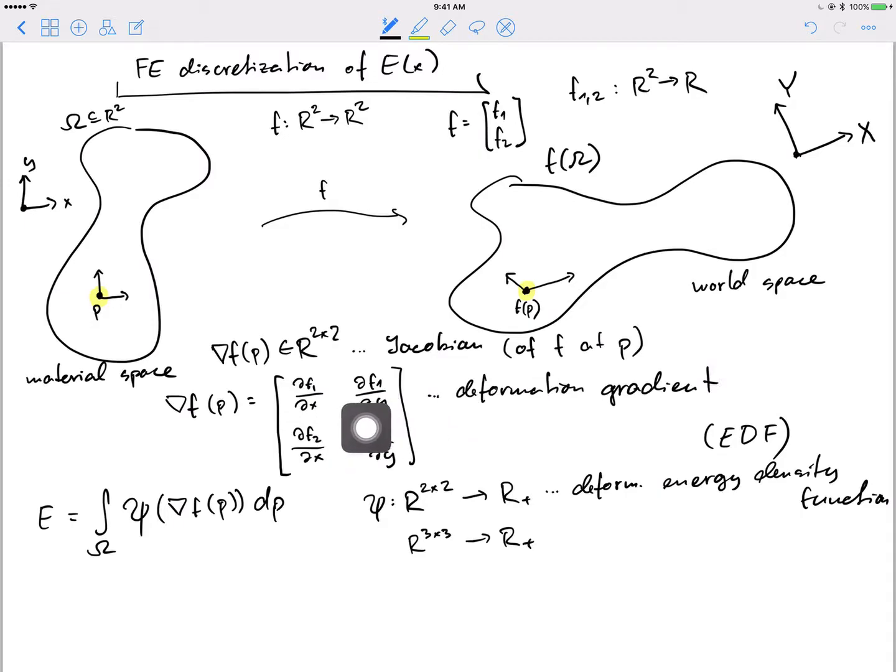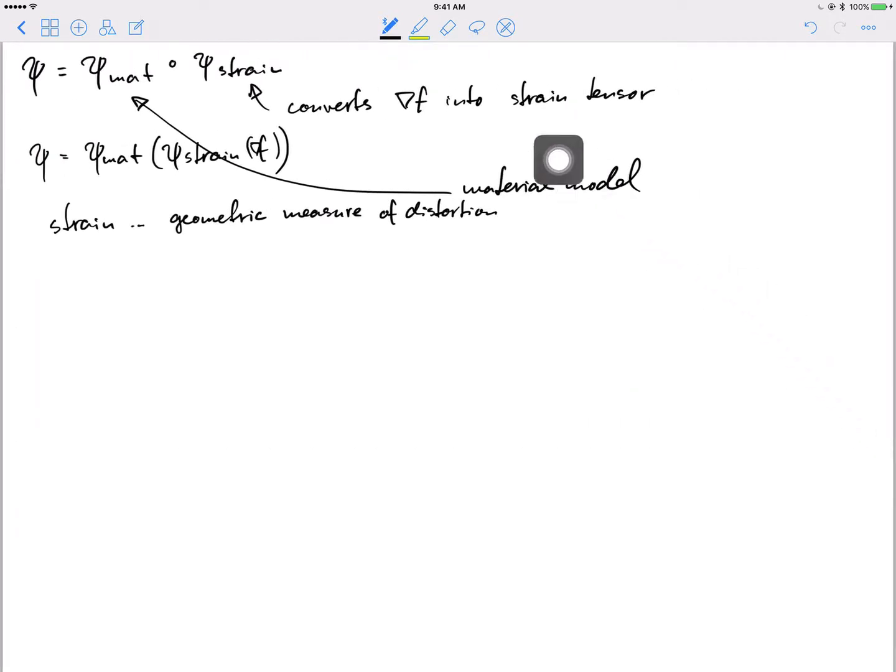Unfortunately, that's not the case of the deformation gradient. The deformation gradient changes, okay? So that's a bit of a problem, and that's kind of the main reason why these strain tensors were introduced, okay? So the strain tensor kind of distills the geometric amount of distortion from the deformation gradient.